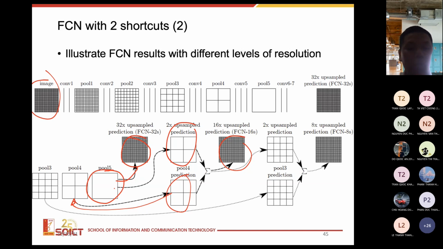For example, you use the output of pooling 3: you get the output after the combination of pooling 5 and 4, do 2x upsample, combine with the pool 3 prediction, and then do 8x upsample prediction here. Okay.